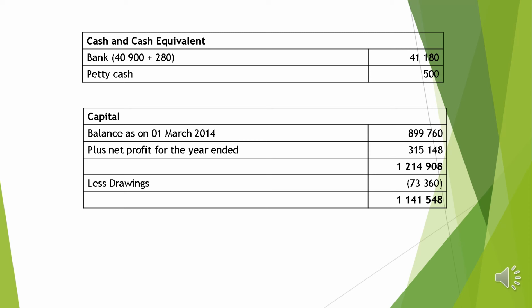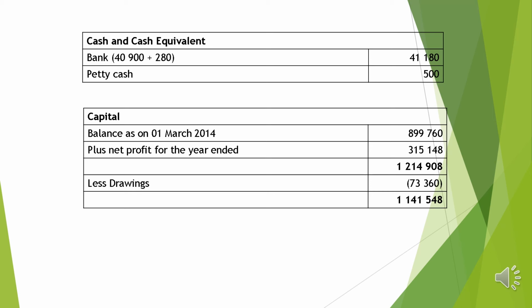Remember, we are calculating the drawings from the beginning of the financial year until the end of the financial year. This owner is not entitled fully to this amount of 1,214,908. We need to take into account the fact that this owner also made withdrawals during the financial year.